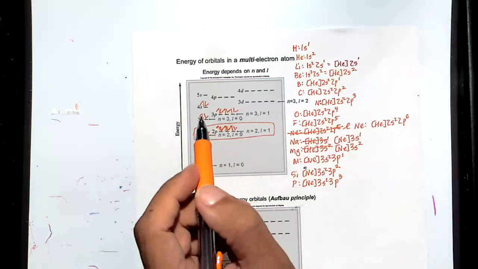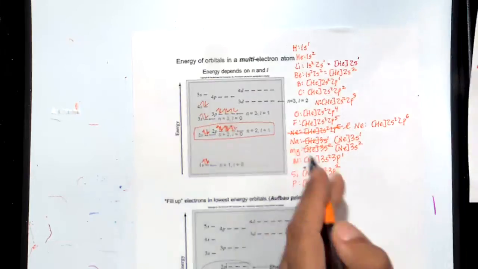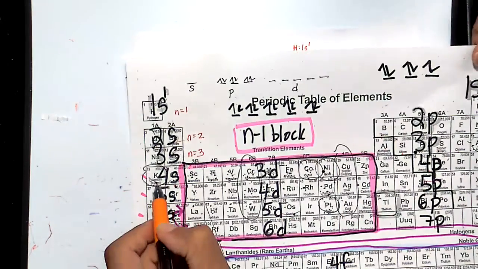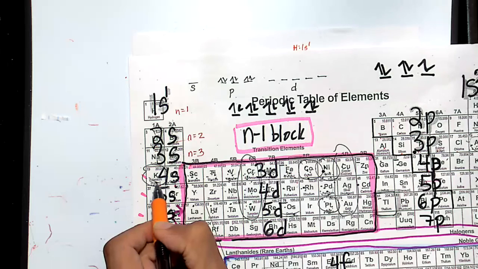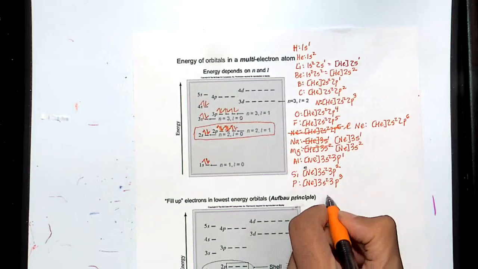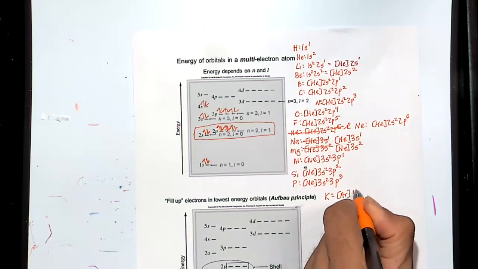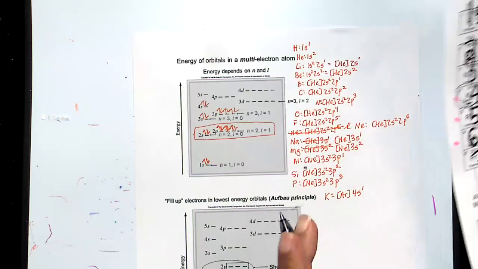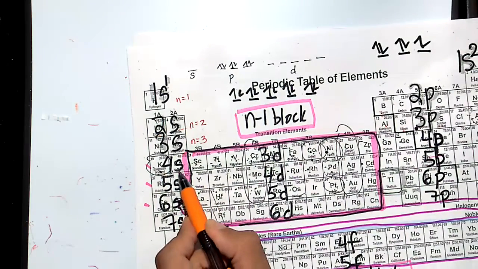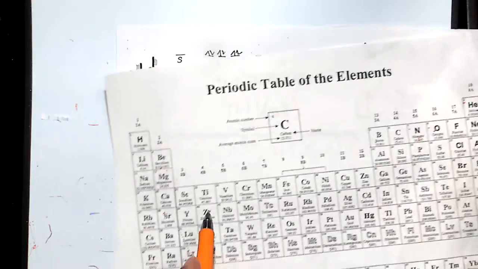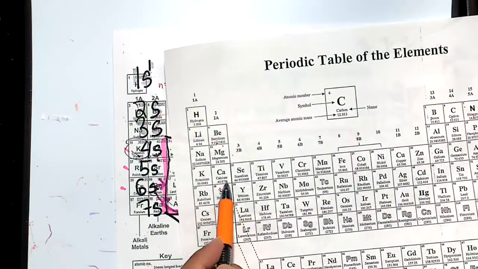So after 4s, potassium. Potassium is going to be argon 4s1. Does everyone agree? Okay. All right. Calcium. Calcium is going to be argon 4s2.